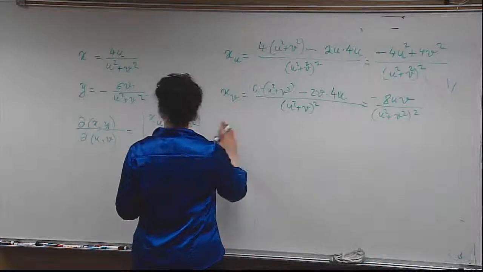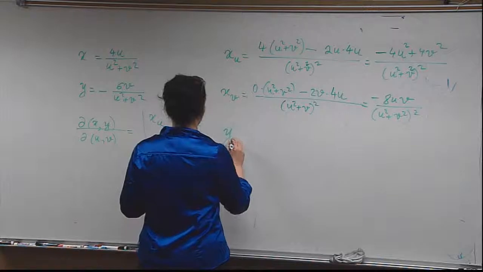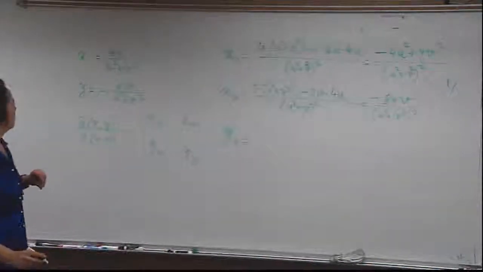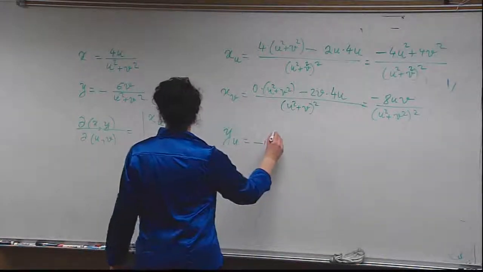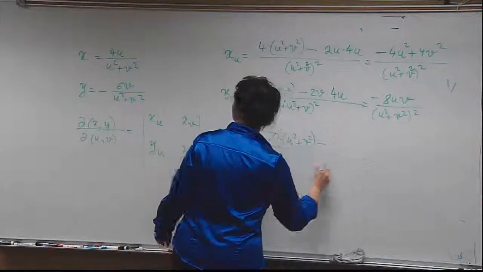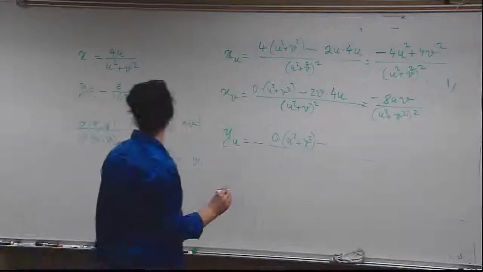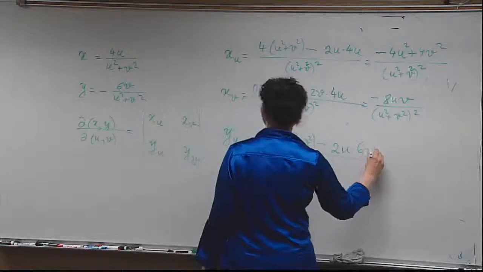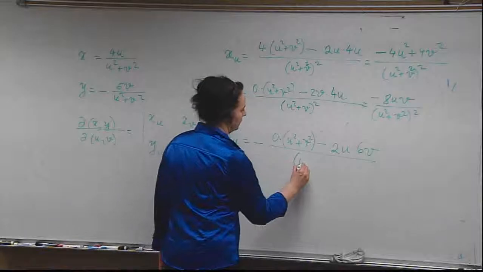Now y sub u first. y sub u is a cake. I have a minus 0 times the second one, minus this primed with respect to u times 6v, over the square of that.